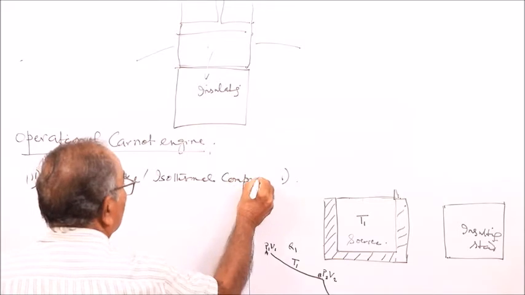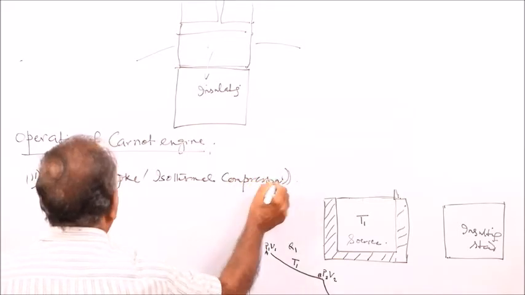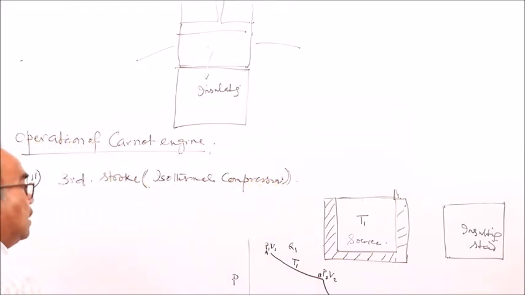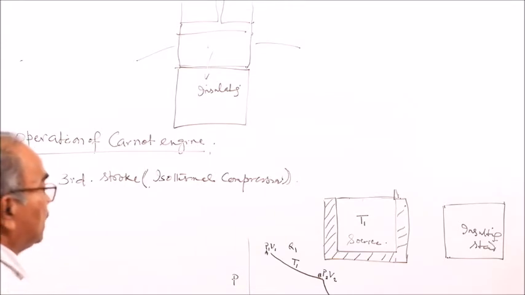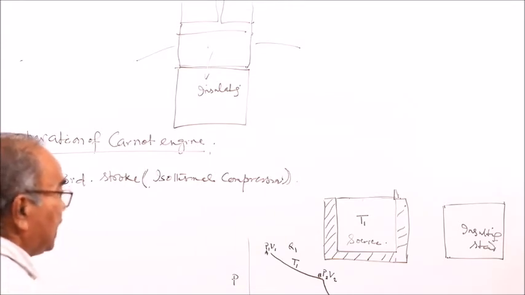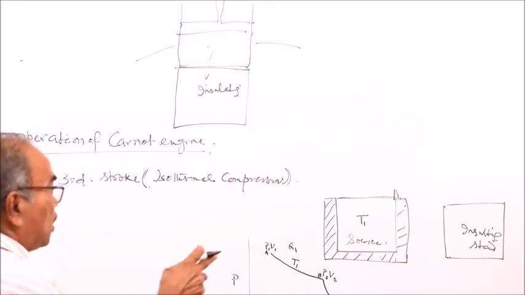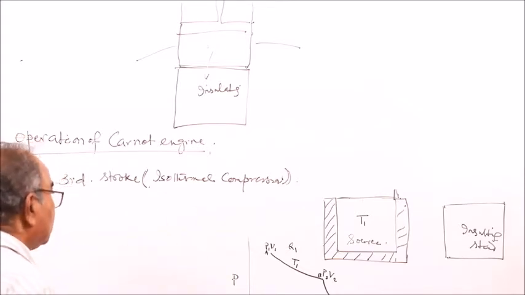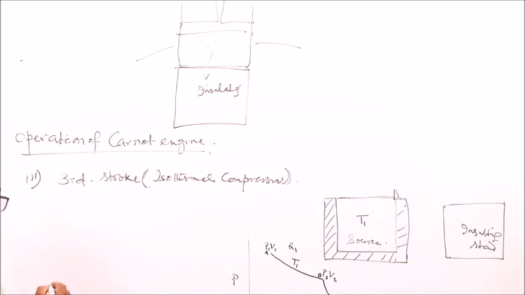During isothermal compression, the movable piston with cylinder containing ideal gas is brought from the insulating stand and placed over the sink.